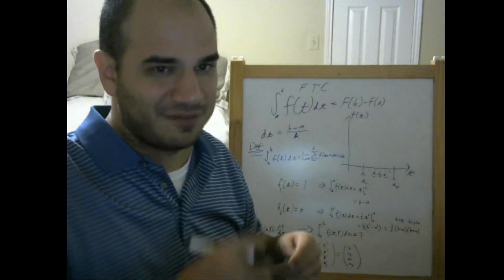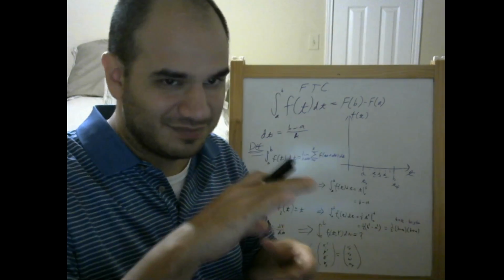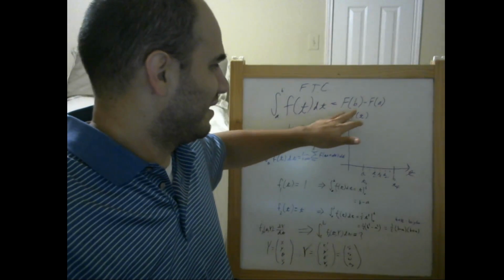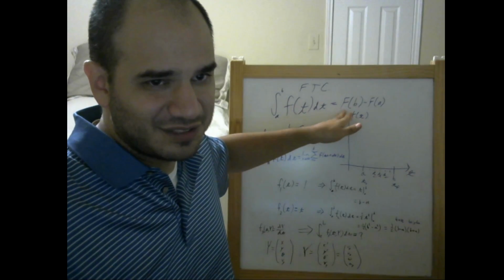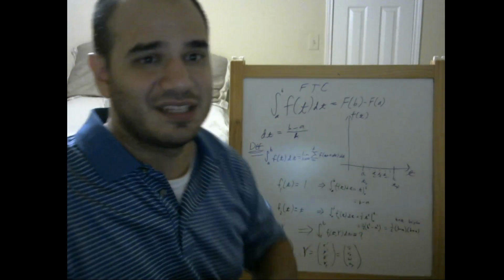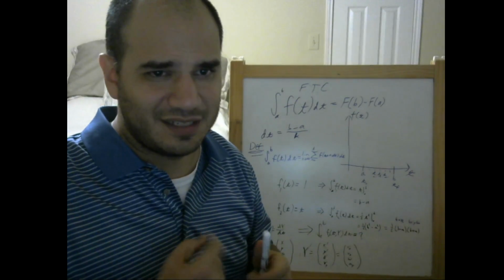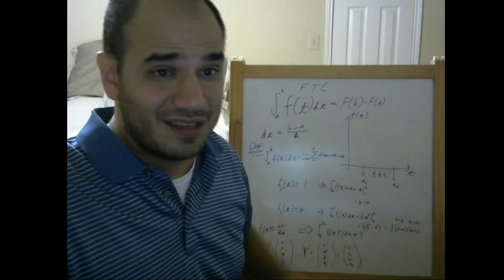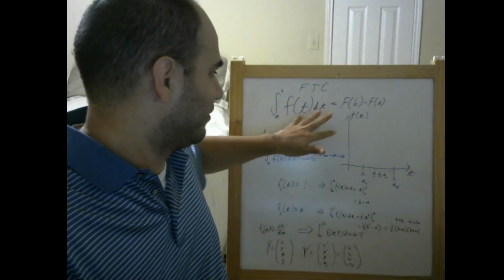You find the area, or you construct some area. Then that original function, so the one for which this is the rate of change, is the solution to the definite integral here, right?